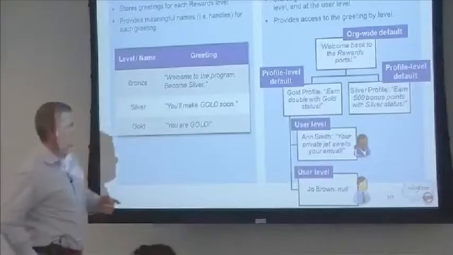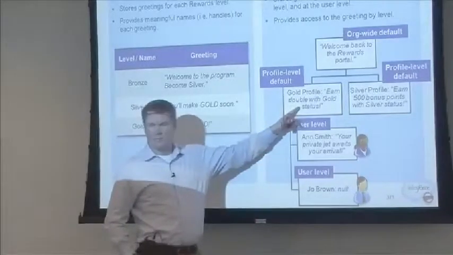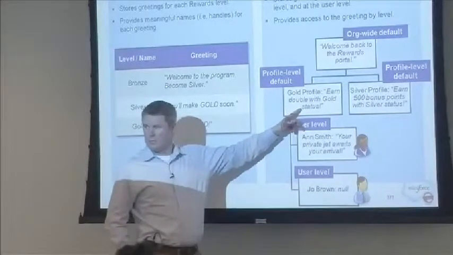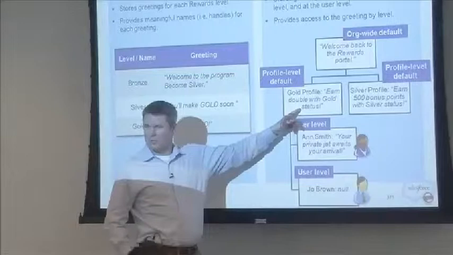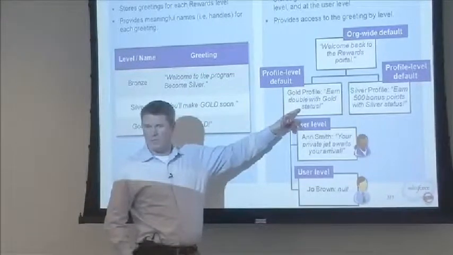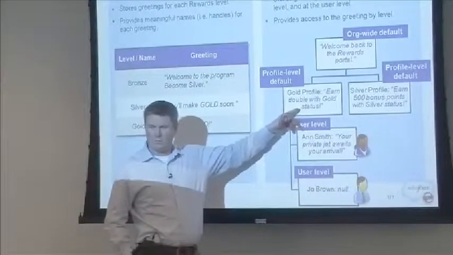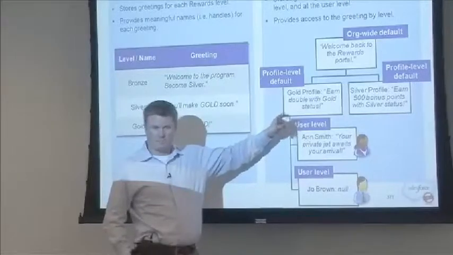And based on the user's profile, you could check to see, can they do this thing? It would then return true or false, depending upon what is the setting for their profile. And if it doesn't have a record, it would just do the org-wide default, which would probably be, no, you can't do this thing. But you could programmatically check for this user's profile, can they do this thing?